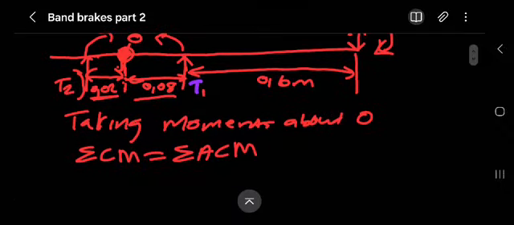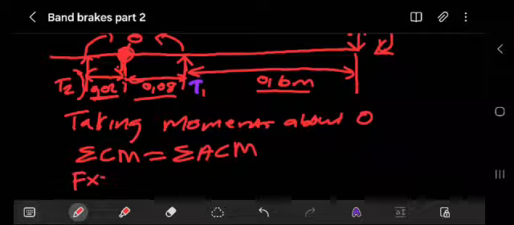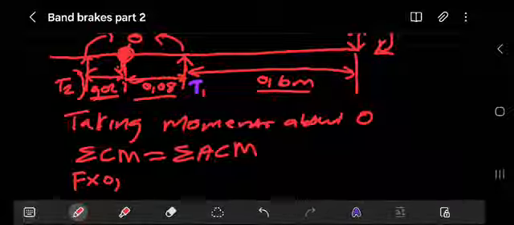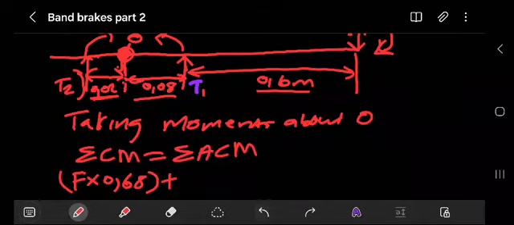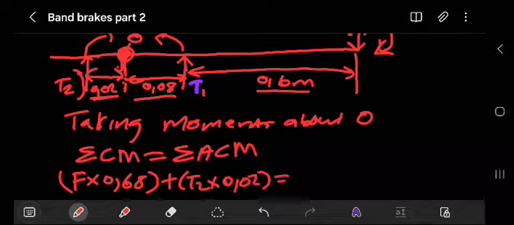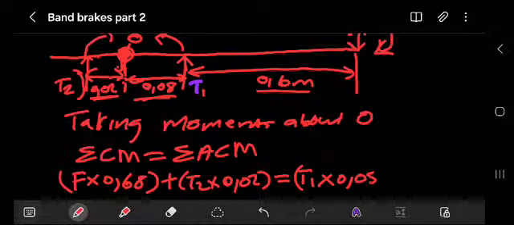We have the clockwise moment, which is F, acting clockwise. The distance there, we sum up this and that, will be 0.68. Plus T2 now is acting clockwise, T2 multiplied by 0.02. What is acting anti-clockwise now is T1, acting at 0.08, multiplied by 0.08.